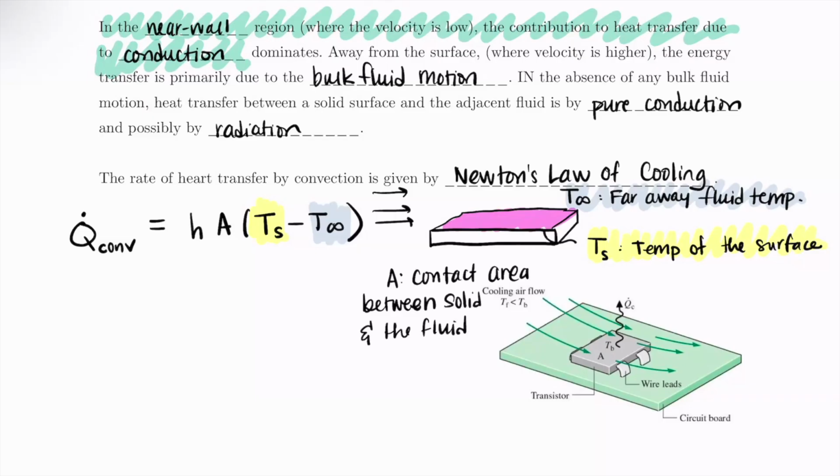All right, so we have our contact area between the fluid and the solid, which is right here. And then we also have this term h that shows up. So h is our convection heat transfer coefficient.